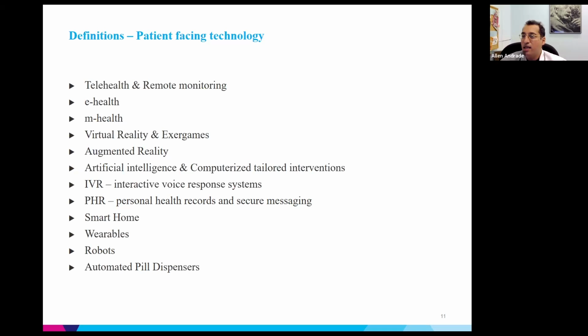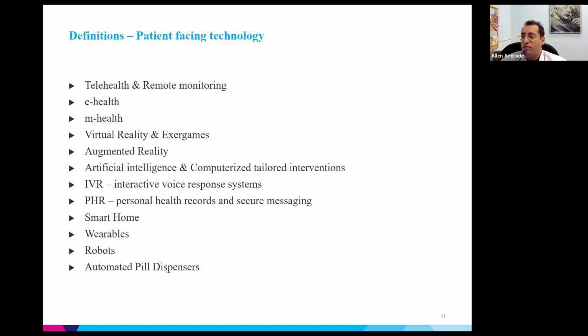Augmented reality is coming also into the fore. I haven't seen a whole lot of data in the healthcare sphere. There's not robust data to show impact in health promotion and disease prevention. But it's the next frontier that's coming on.